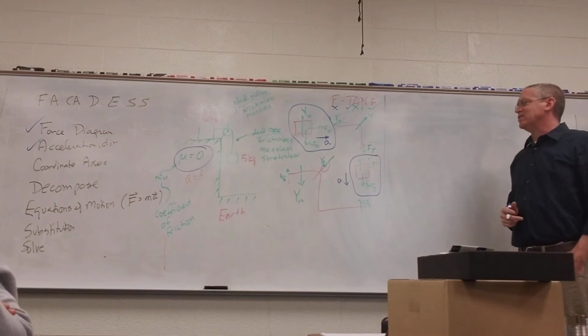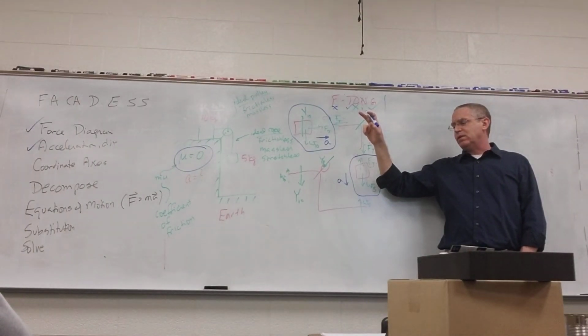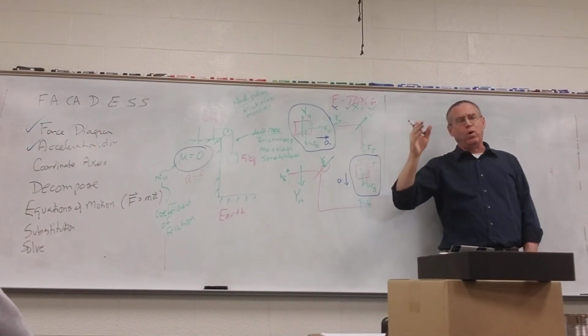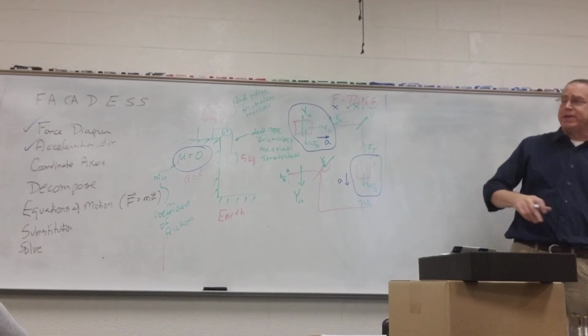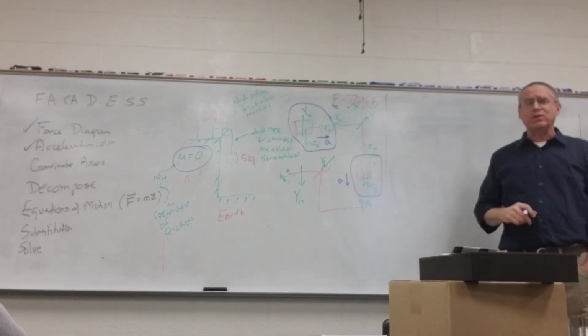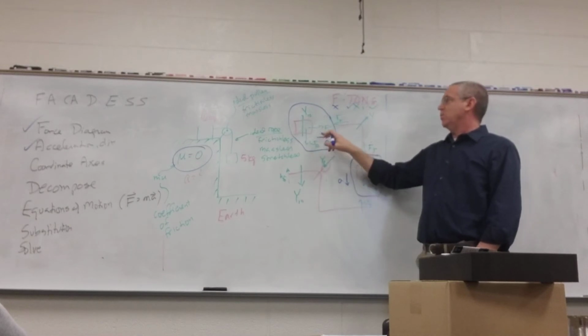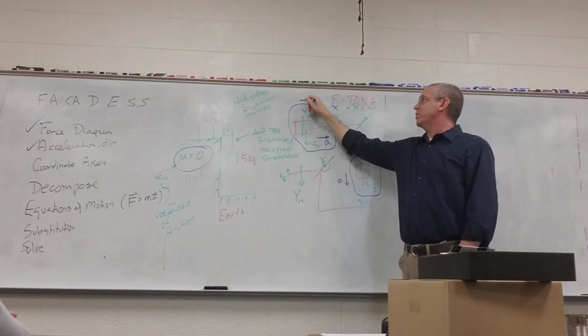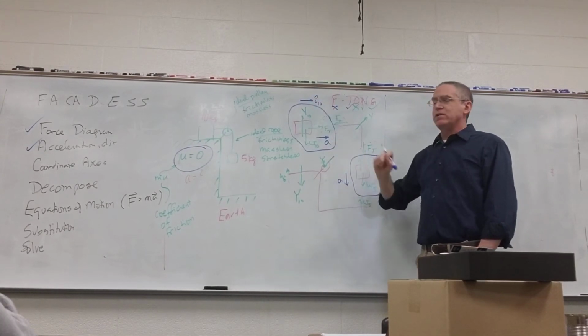So, coordinate axes. Usually, you want one of the axes to be in the direction of acceleration. And when we get to the equations, I'll re-emphasize why that makes life a whole lot nicer. So I'm going to make one of my axes for this one right here. I'm going to call that i hat 10, in the same direction as acceleration.